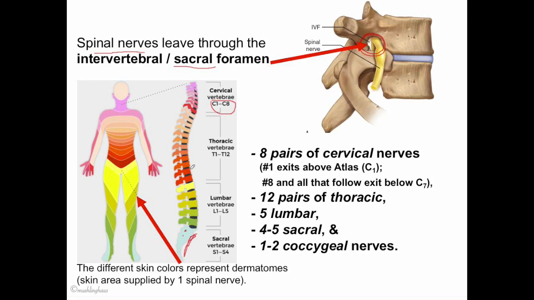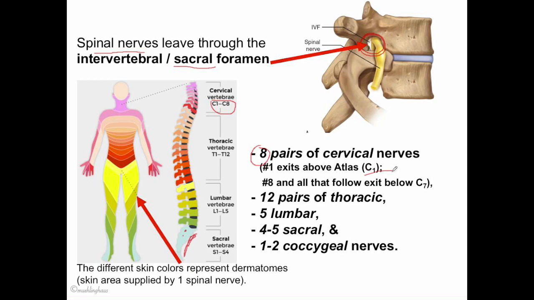But I like the rest of it. The color was nice. I like the coloring a lot. But this is the cervical spine. There we have 8 cervical spinal nerves that come out of that part of the spine. And the reason it's 8 and not 7 is because the first one comes out above C7, and then we count them down above the vertebra, above the vertebra, above the vertebra, until we get to C7.